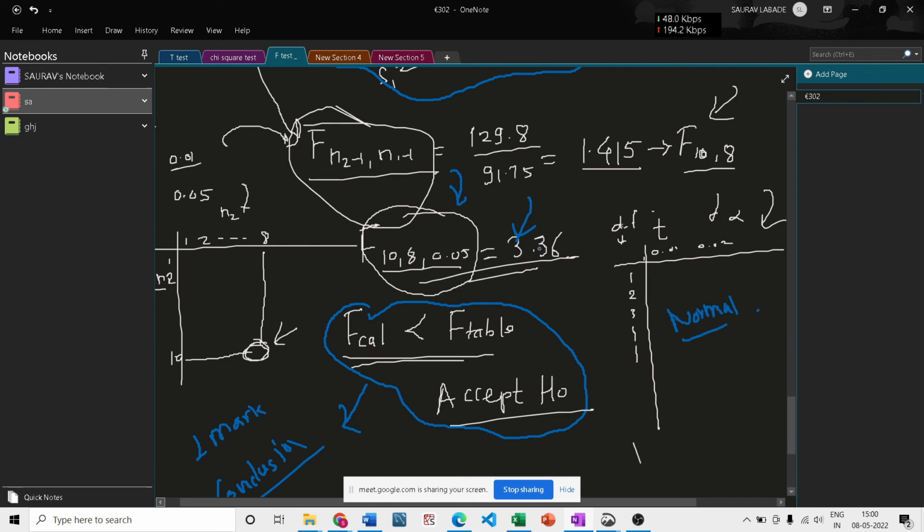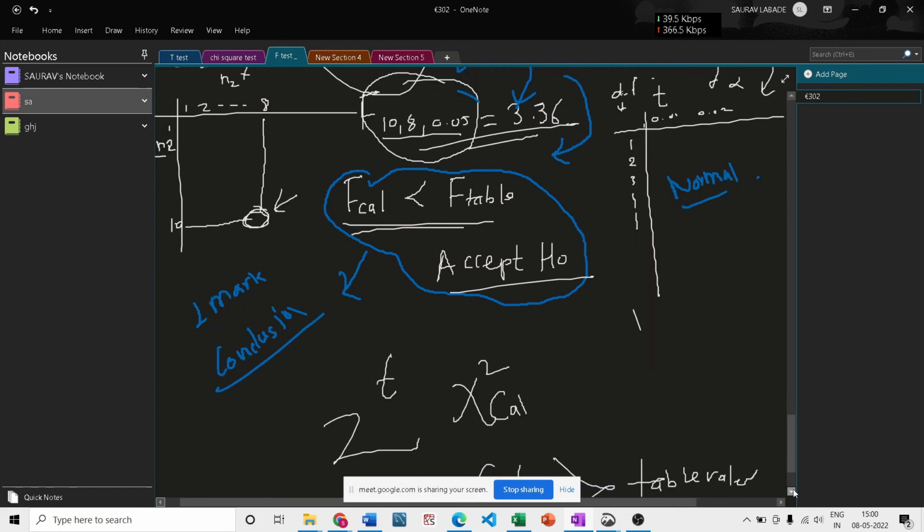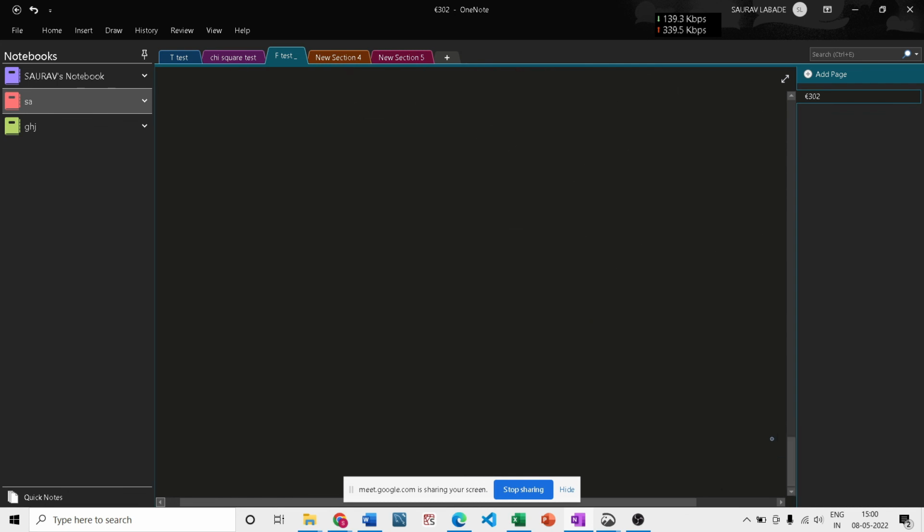The same way, there is another table for the F distribution. Now, how is this table given? Suppose this is the F table. There are 2 pages, suppose it is for alpha 0.05.